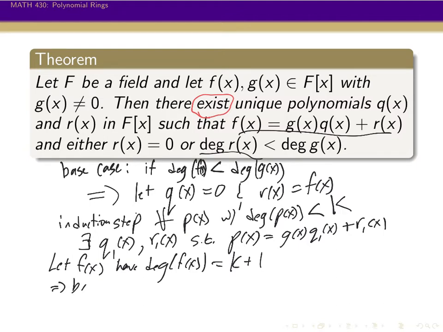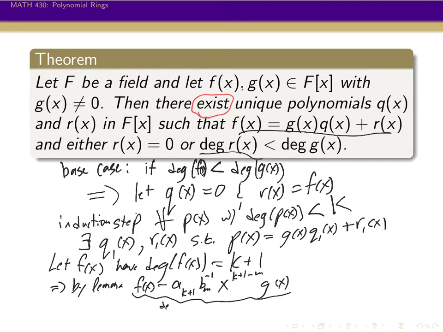So then, by the lemma, if we look at f of x minus a sub k plus 1, b sub m inverse, x to the k plus 1 minus m, g of x, then the degree of this is less than k plus 1.